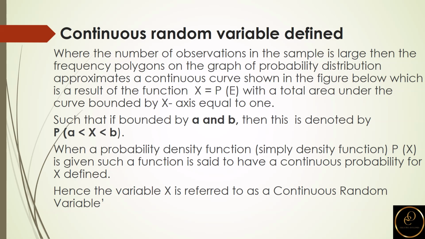When this presentation is made, we can say that the probability density function, or simply probability density, is the probability of x, which is given as a function that is said to have a continuous probability for x defined.